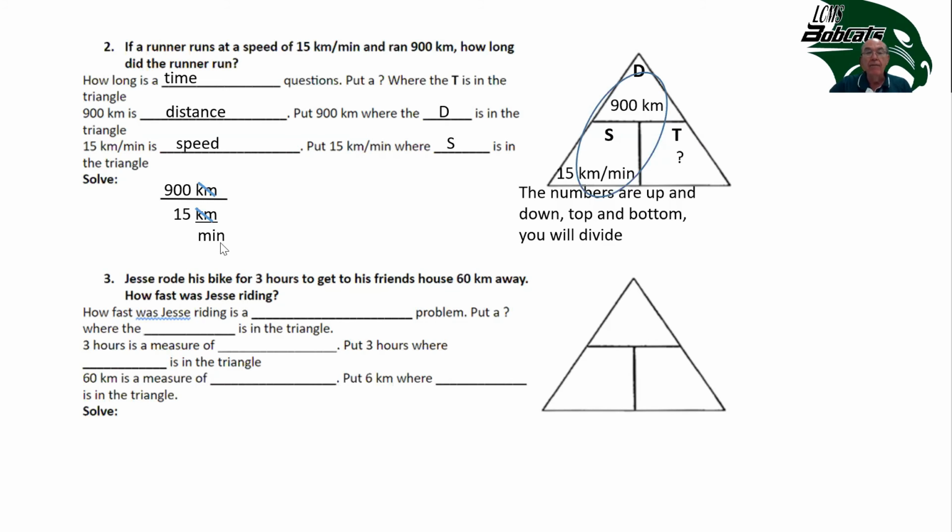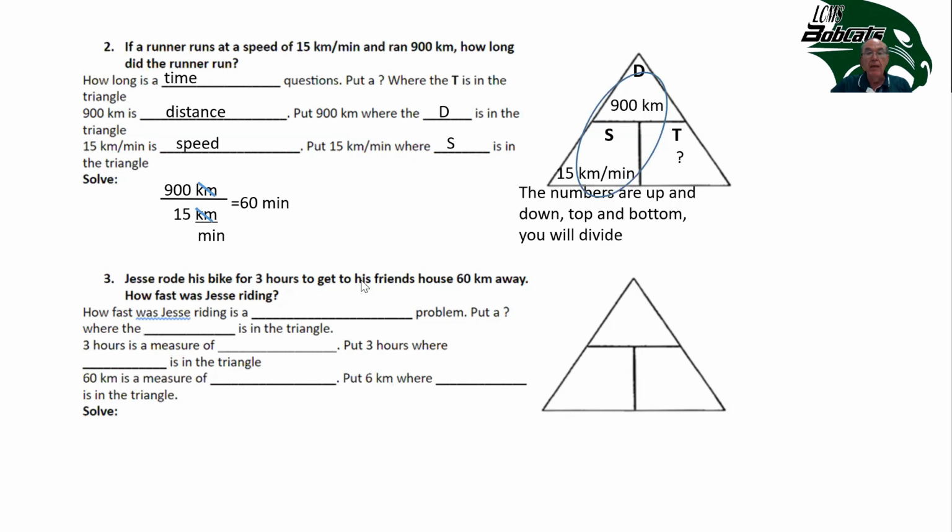And the unit that's left is time, or minutes. It's a unit for time, which makes sense because that's what we've been asked to solve. So now when we solve it, we have 900 divided by 15, which is 60, and the unit that's left is minutes. So it took him 60 minutes or 1 hour to run this 900 kilometers.